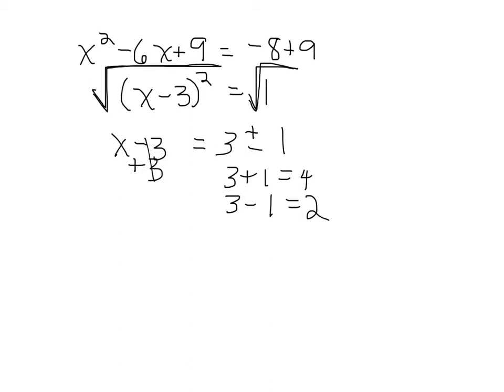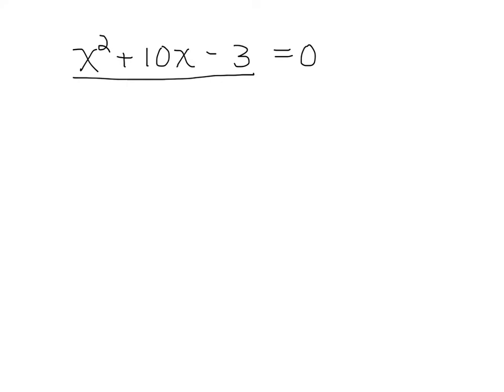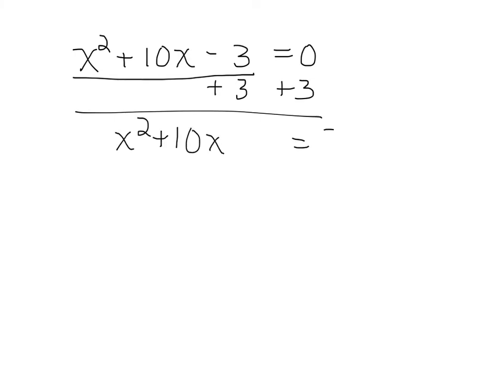And it's another method of solving quadratics. One that is a little bit harder. If I say x squared plus 10x minus 3 is equal to 0. Well, what's hard about this is that this is not a perfect square trinomial. However, if I first get rid of this 3, I have x squared plus 10x equals 3.